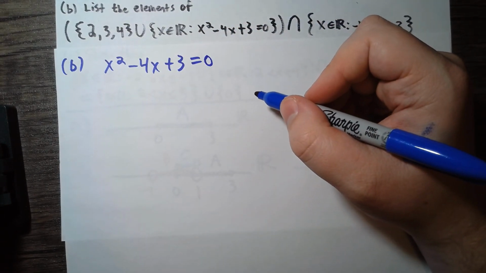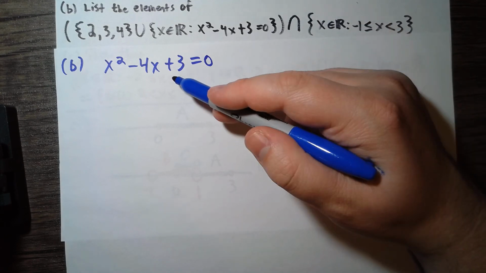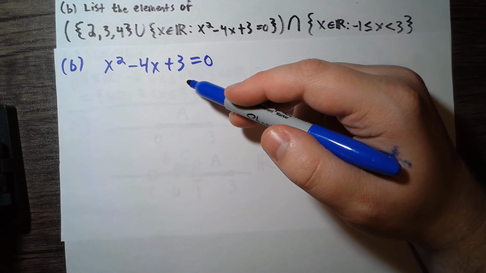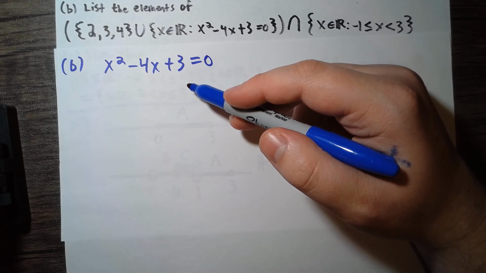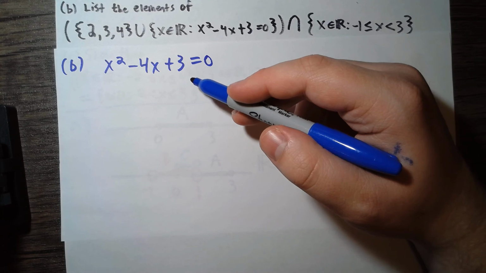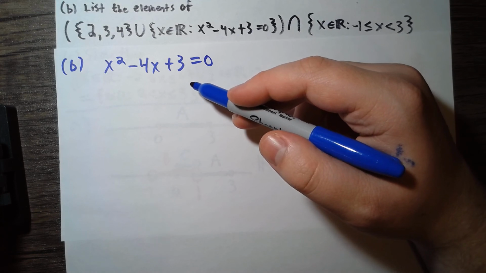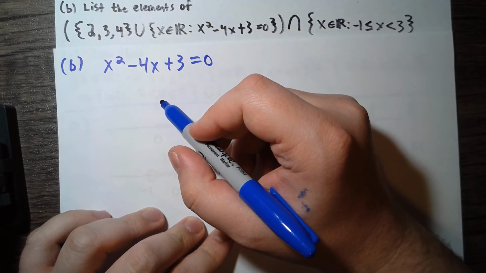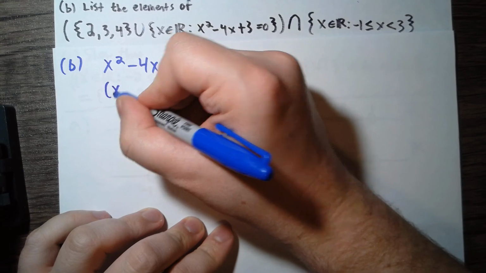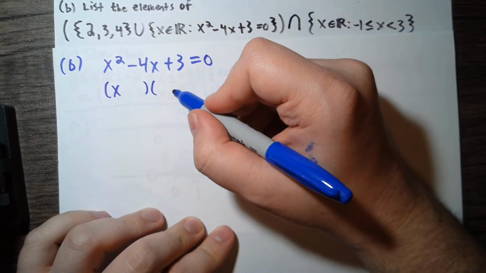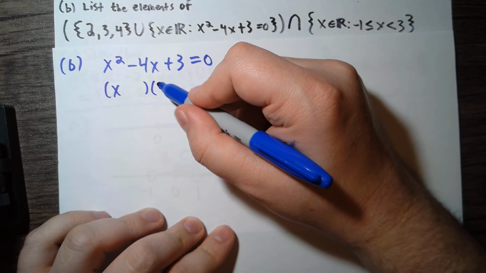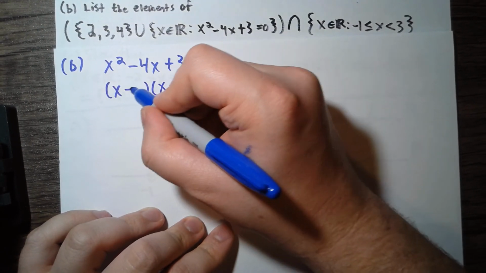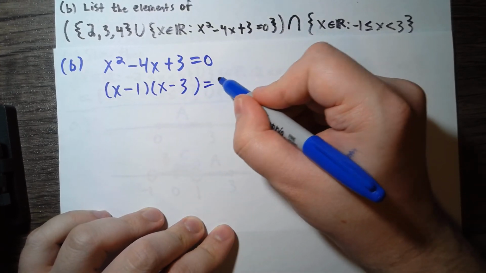We want to factor this and see if it factors nicely. I believe this factors as (x minus 1)(x minus 3).